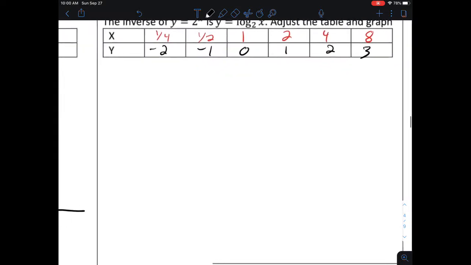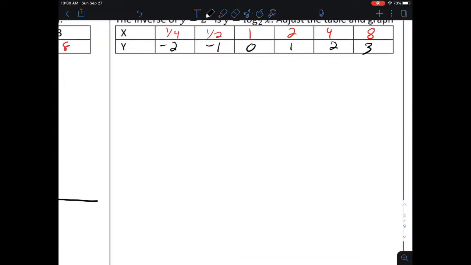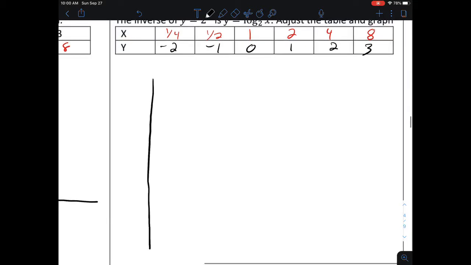So we'll make a graph here of this. Now I don't have any negative x value, so I'll have my y-axis, and then we'll make our x.